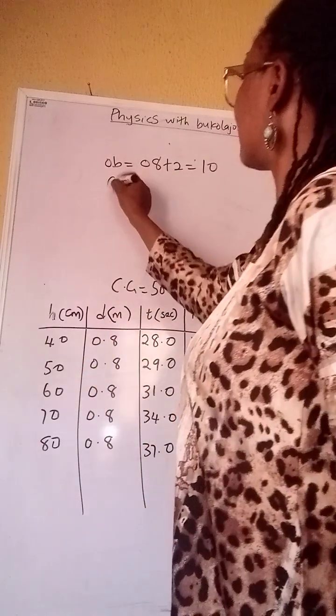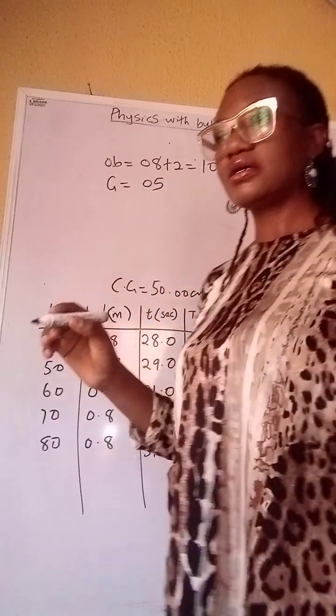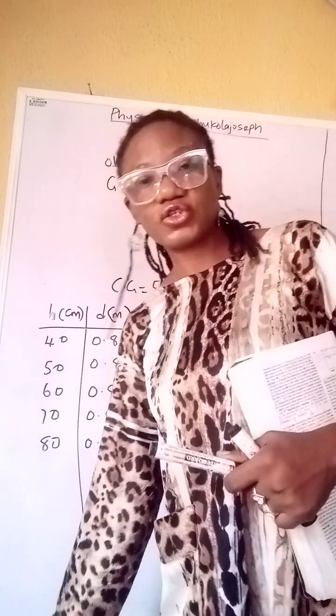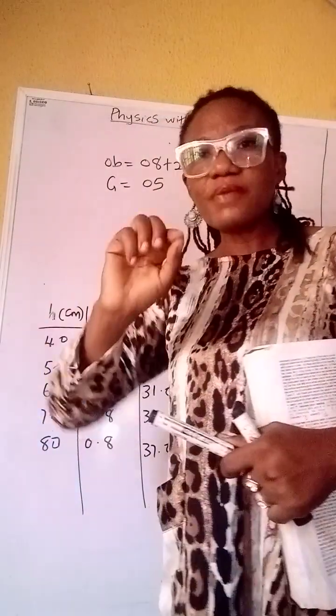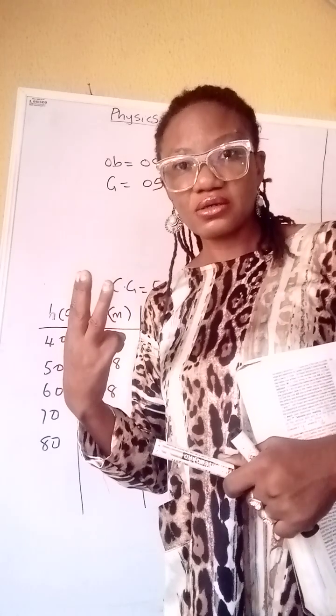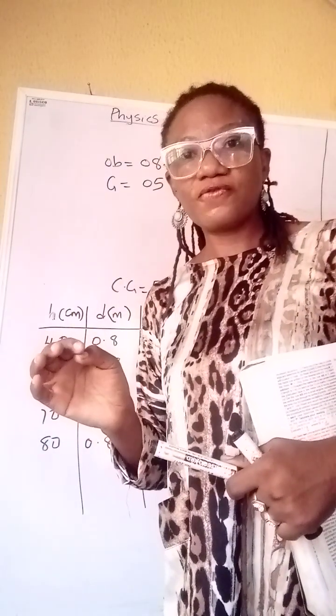Then we have the graph, 5 marks. That's your title, you have half mark for the vertical, half mark for the horizontal. If you are able to plot the points correctly, you earn 3 marks or 2 marks, depending on how they want to share it.